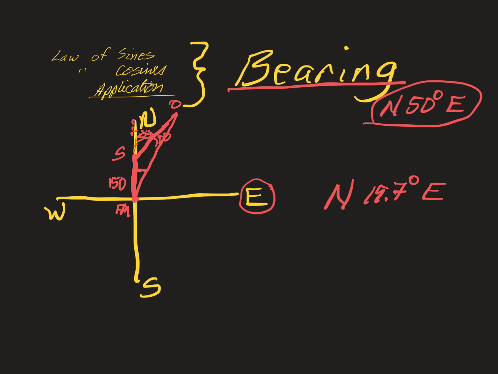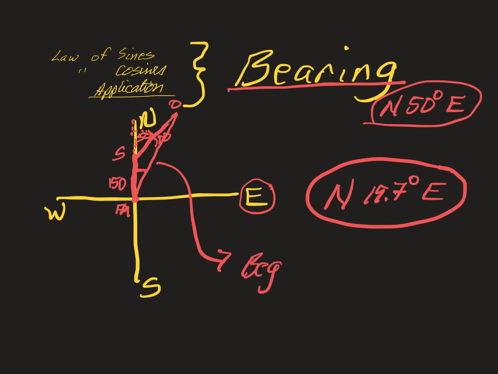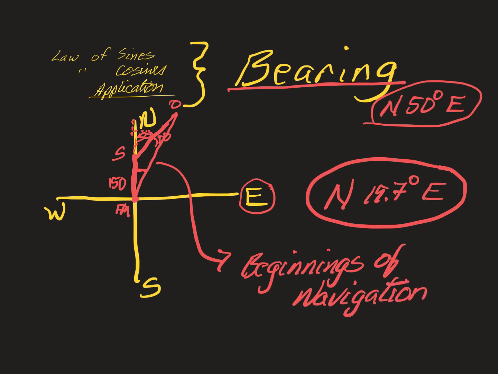And so this would have been the heading that you would have done. Okay? And so bearings or headings, this is kind of the beginnings of navigation. And navigation is a real application of law of sines and law of cosines.